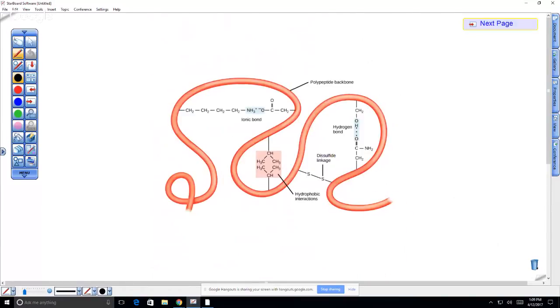Okay, so this is my strand, my polypeptide strand. And so you can see here that different parts of it get attracted to other parts. And so this would be an example of a hydrogen bond, for example. This is another type of bond, which is called a sulfur bond. You don't need to know that. And some ionic bonds are located right there.